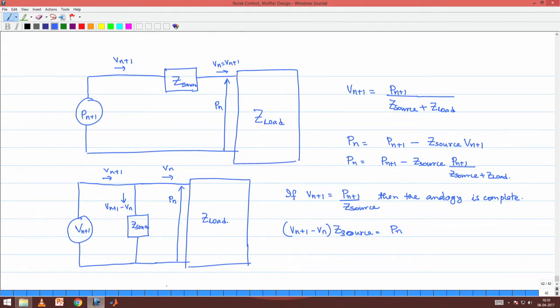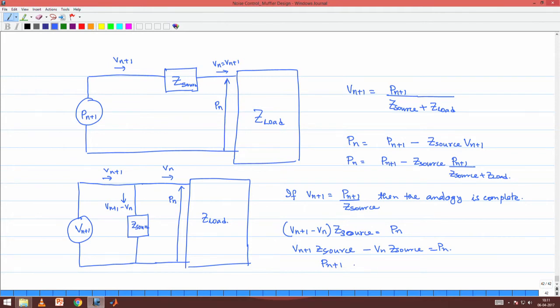So, in other words, V n plus 1 into Z source minus V n into Z source must be equal to P n, or the terminal voltage across these two ends. So, here what we have is V n plus 1 Z source will be again P n plus 1 as per the definition.